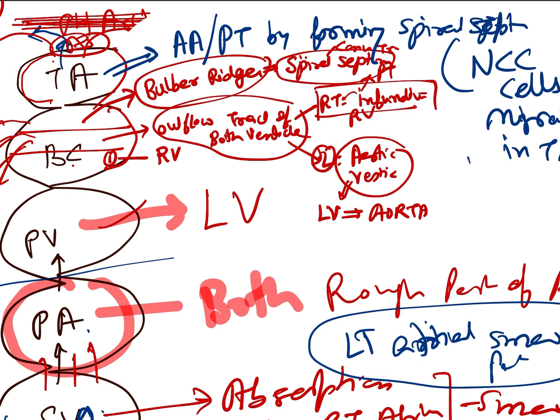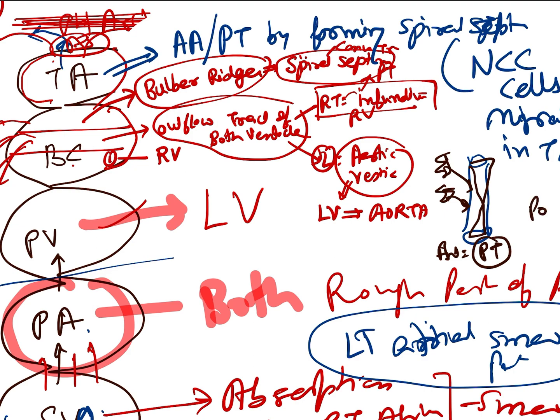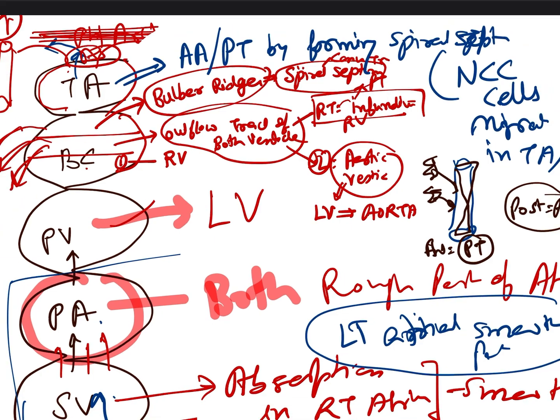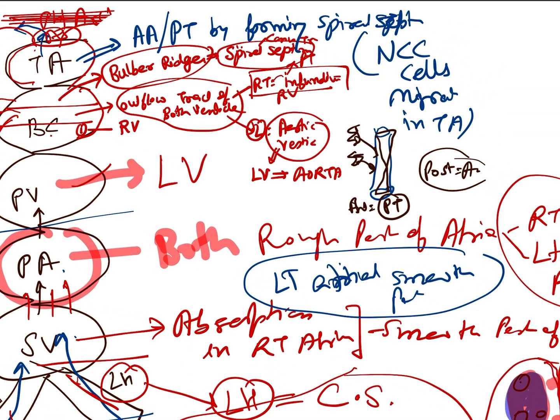This truncus arteriosus is initially a tube, but when these neural crest cells migrate into it, it forms a spiral septum like this. The anterior part of this truncus arteriosus forms the pulmonary trunk, and the posterior part forms the aorta. This is the fate of the whole heart tube.